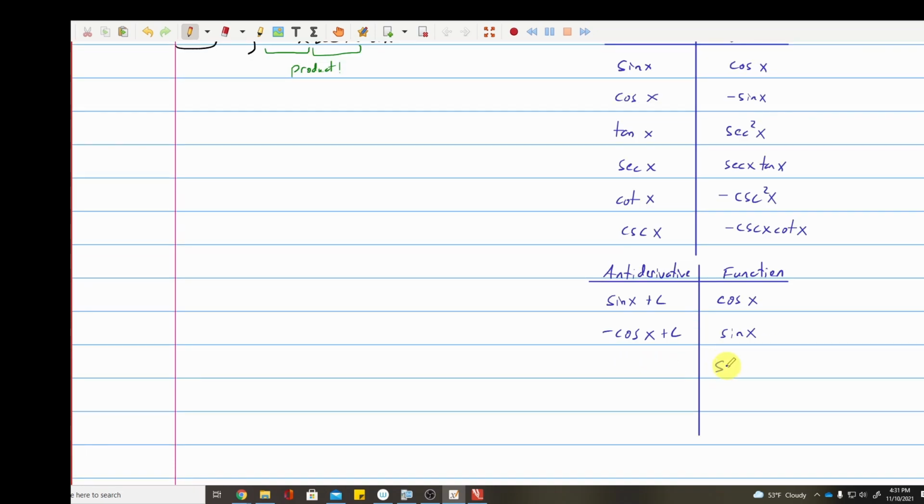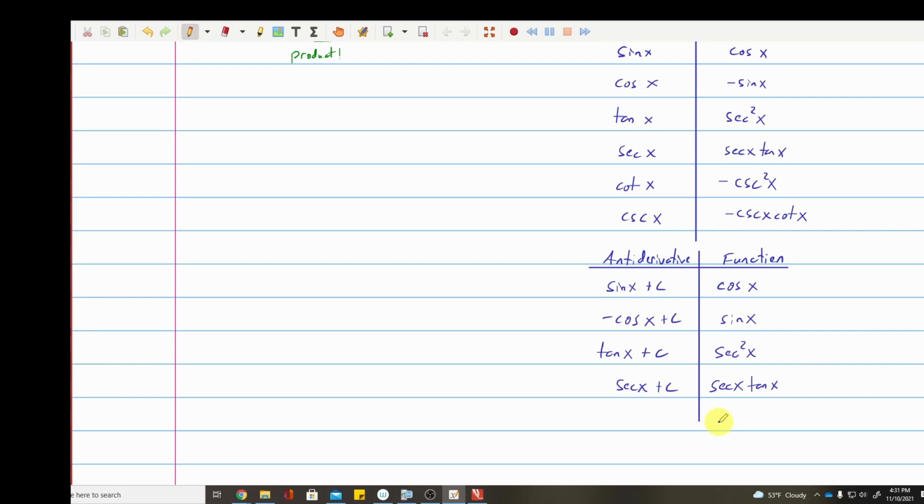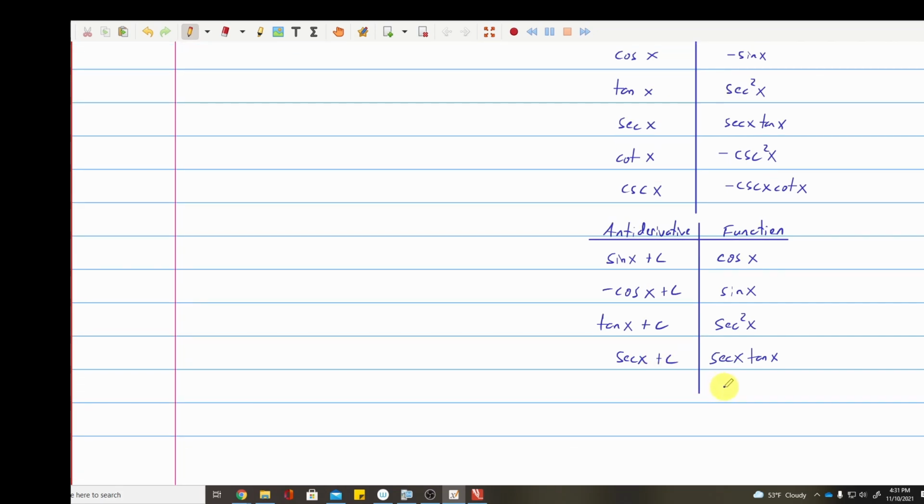If I start with a secant squared x, antidifferentiate, I'll get tangent x plus c, just following my rule directly. Similarly with secant x times tangent x, when I antidifferentiate, I'll get secant x plus c. If I start with a positive cosecant squared x, when I antidifferentiate, I'll get a negative cotangent x plus c.